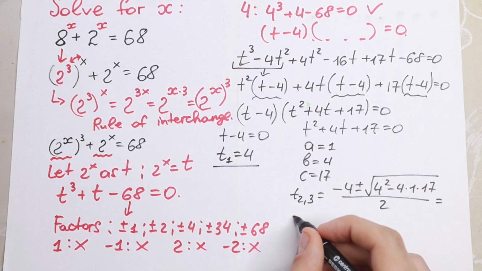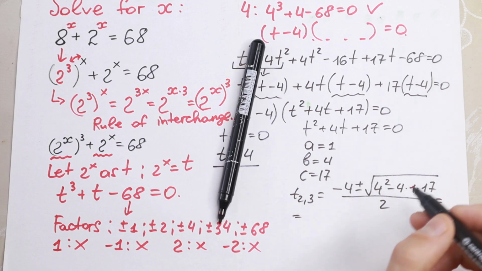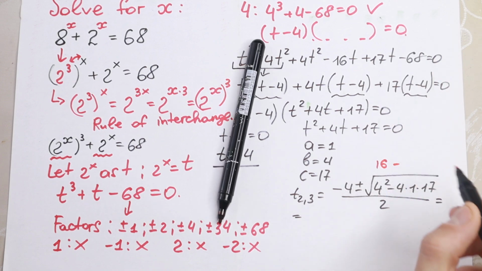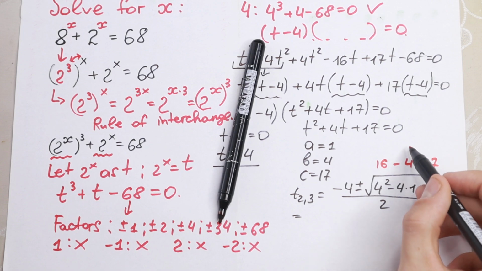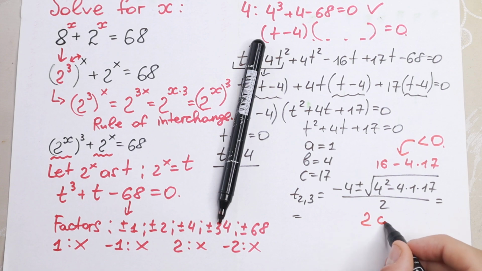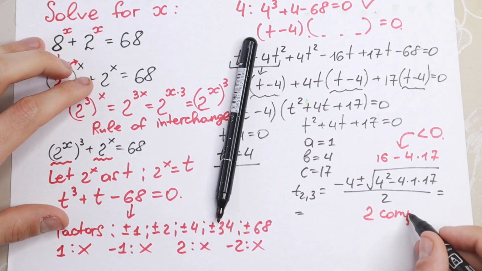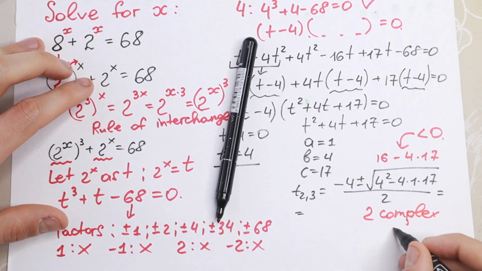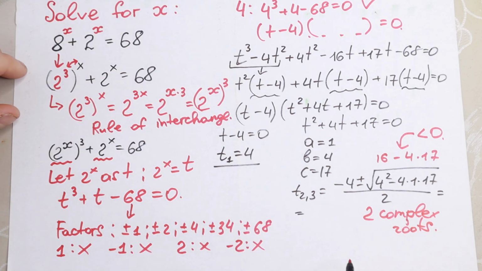And right now, as you can see, this square root will be negative, because we will have 16 minus 4 times 17, which is less than 0. So as you can see, right here we will have two complex roots. So t second and t third will be complex roots.